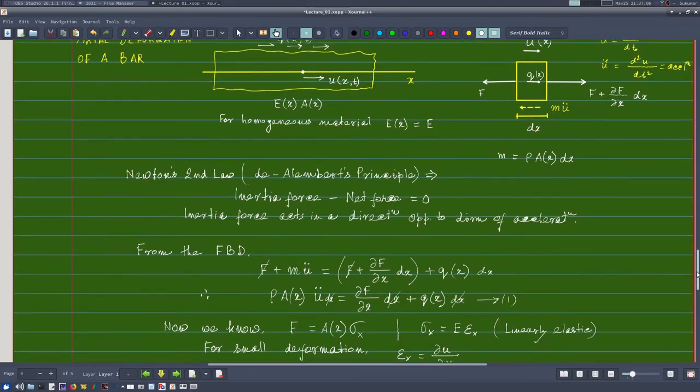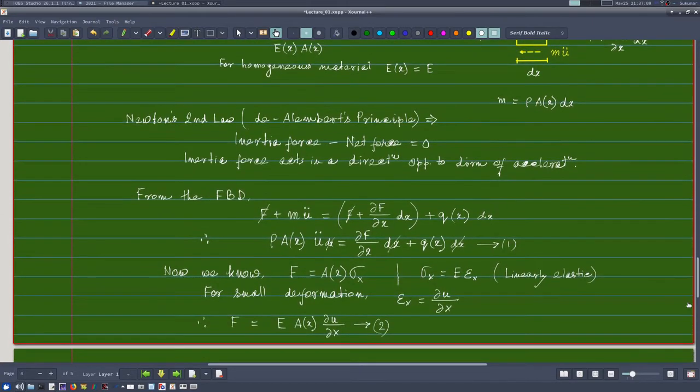Now what I can do is use the material properties of the bar, because we know that force is the area times the axial stress at that point. Therefore, F is A(x) times sigma x. And I also know from linear elasticity that sigma x is E times the normal strain, epsilon x. And epsilon x I can express in terms of u as del u del x for small deformation.